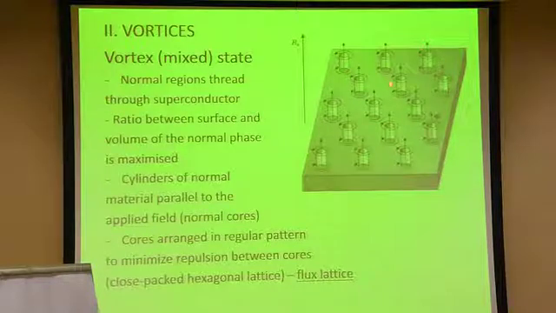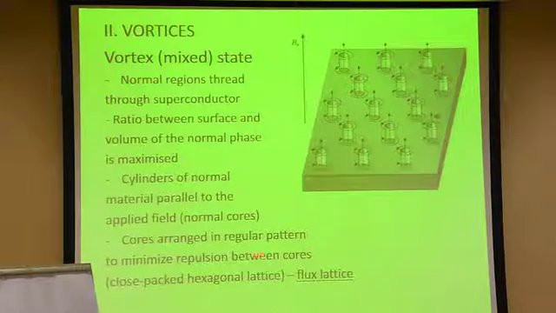So a vortex is composed of a normal core, usually of cylindrical shape, and a circulating supercurrent, which creates one flux quantum. We will see later why this flux quantization has to happen.